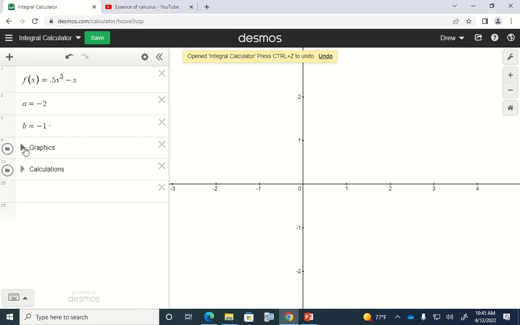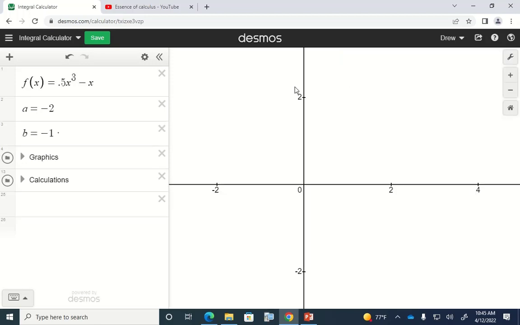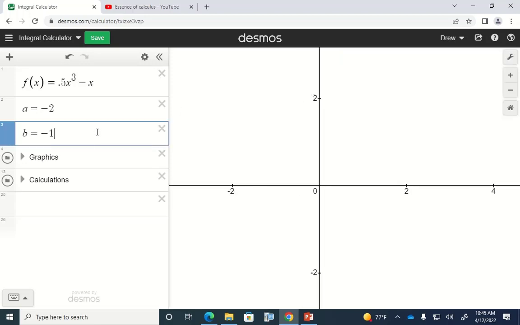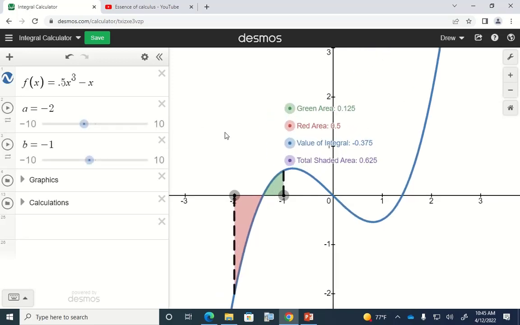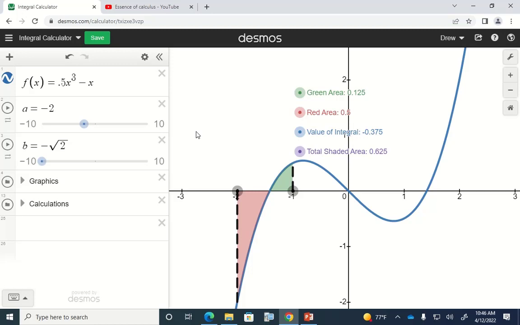This has never happened to me. What in the world? There we go. Perfect. Okay. Negative square root 2. Man, it is slow. This is acting really weird.